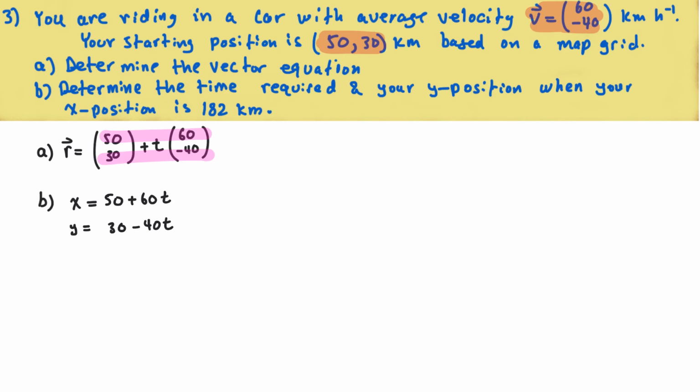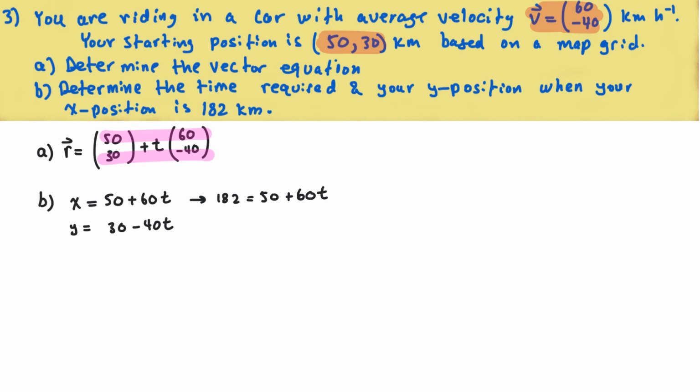We are given our final x position, which is 182. And that's going to equal 50 plus 60t. We can find our t value, or the time it takes for us to get there, by rearranging.